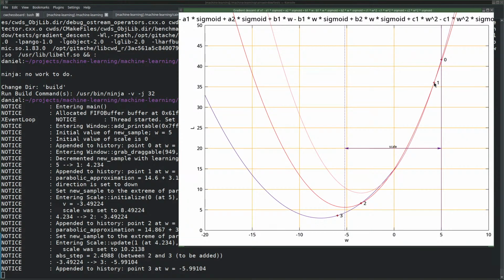Okay, fitting through 1 and 2, we find a new parabola again. And the minimum of that parabola is here. Yet we go to 3. I'm making really weird faces now.